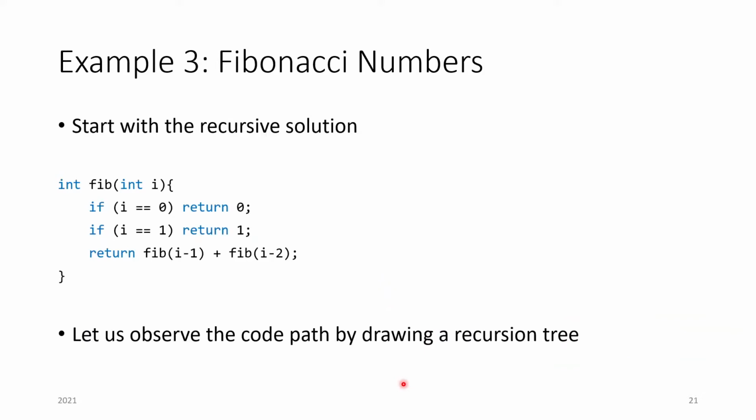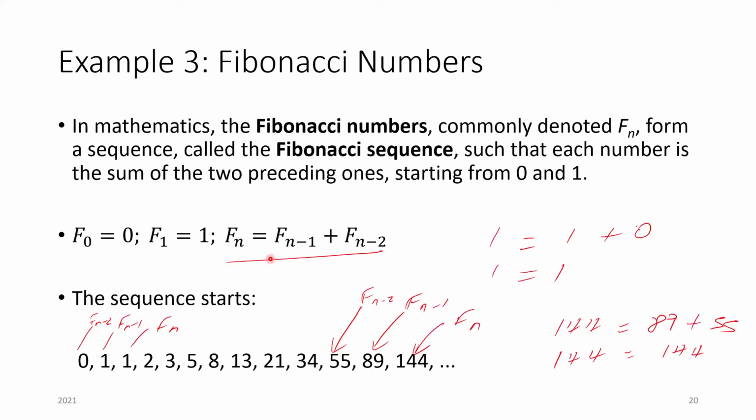So the recursive solution for Fibonacci actually looks like this. Once we have 0, we're just going to return 0. Once we have 1, we return 1. Otherwise, we're going to just have i minus 1 plus i minus 2. And the reason why we have i minus 1 here and i minus 2 here just matches our formula, f of n minus 1 plus f of n minus 2. So this part here is actually going to be our recursive step.